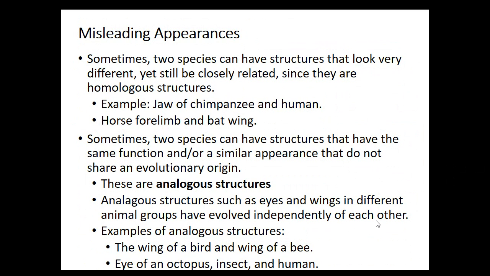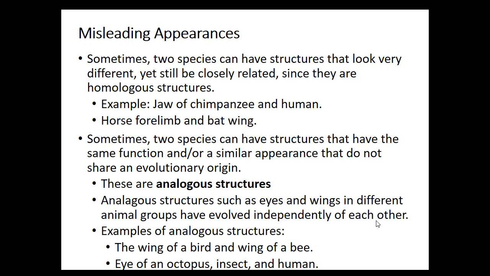In the previous chapter, we said that the wings of birds and bats and insects are analogous because they evolved separately. They didn't all inherit it from a common ancestor, so the wing of a bird and a wing of a bee are analogous.